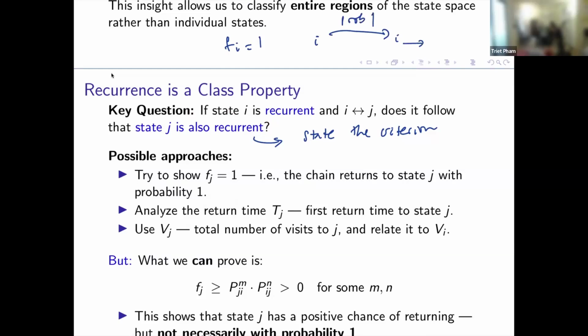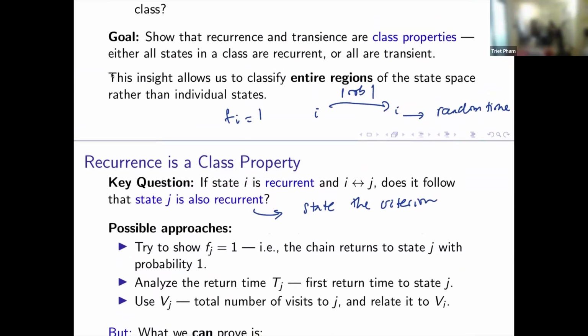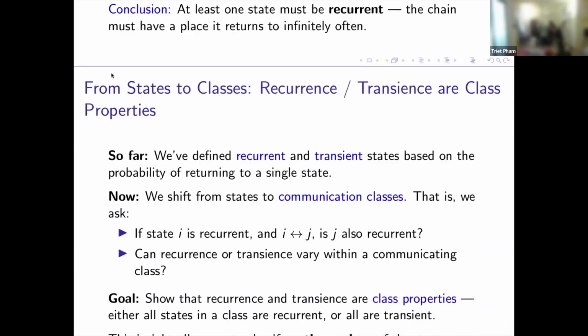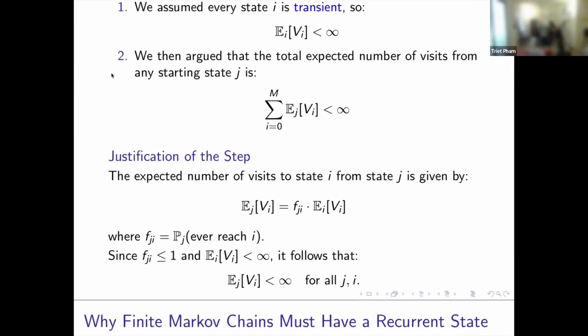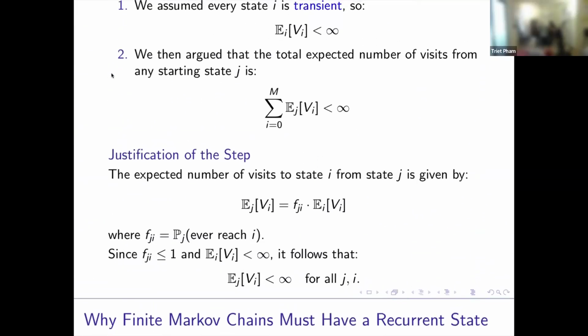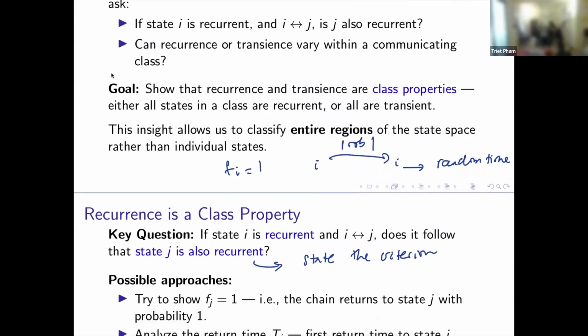But the catch is this is at a random time. You do not know the exact time it will return. And in fact, there's no such exact time. It will return at a random time. What random time? The random time T_i right here.